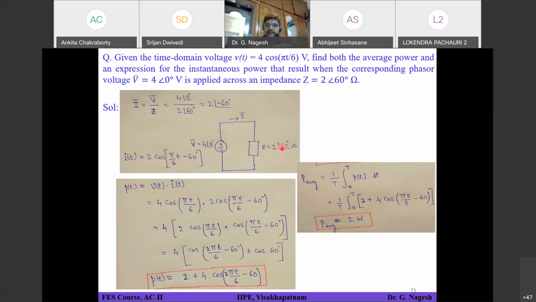Plus j omega L only will give you plus some phase angle. So we can say the nature of the load can be resistance plus inductance. I am saying inductor, but not inductor alone.